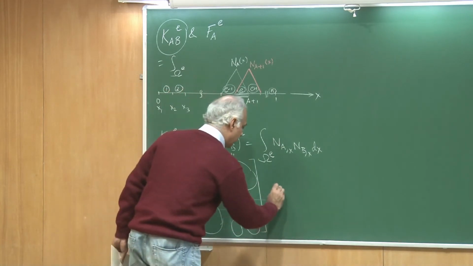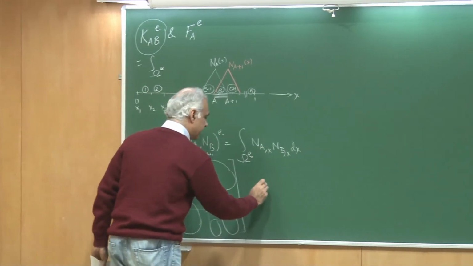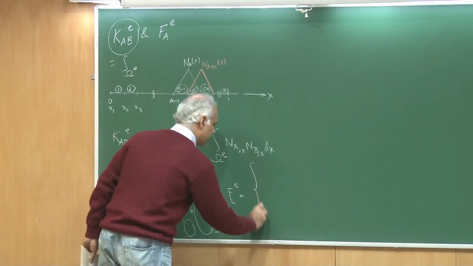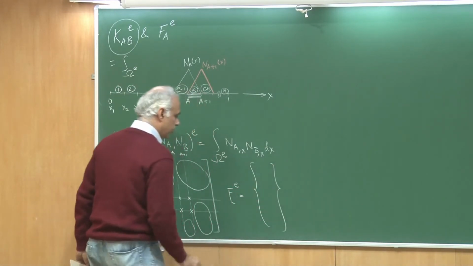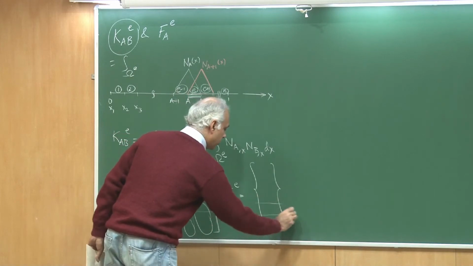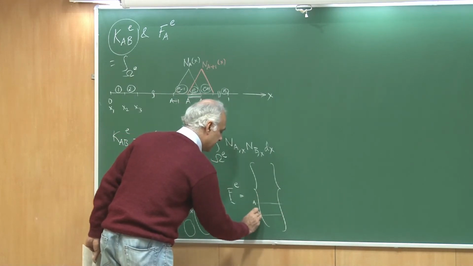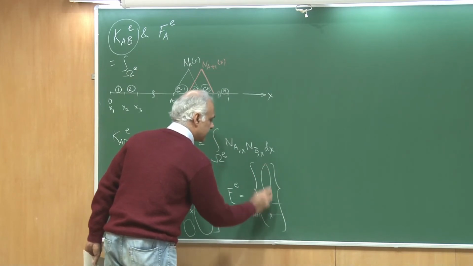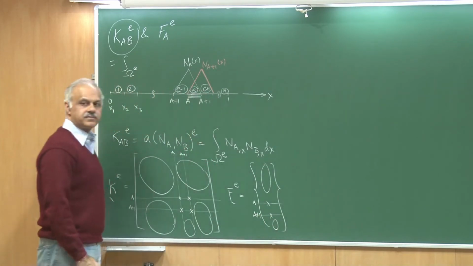Similarly, I can talk about my F matrix for the element E, and these would have only two non-zero values which correspond to the rows A and A plus 1. So, these are non-zero, all others are 0.